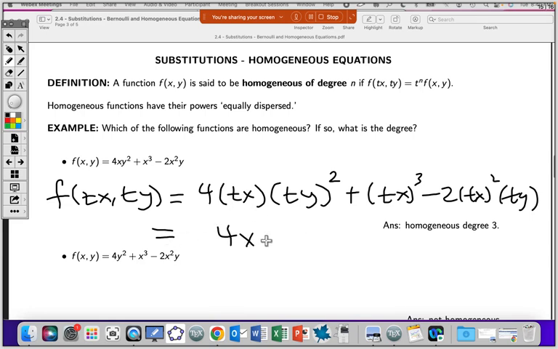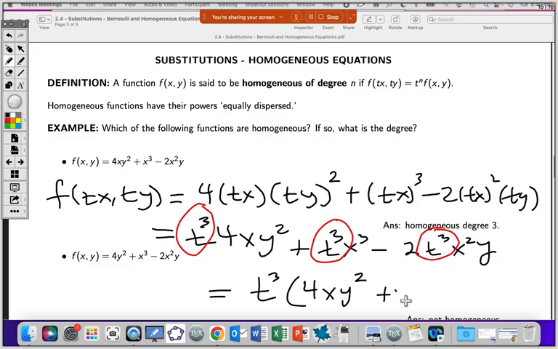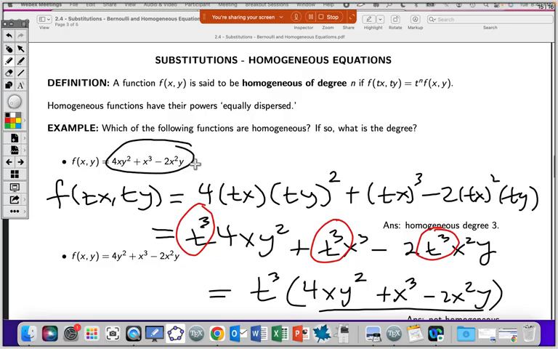I'm going to get my 4xy squared, and I'm going to get a factor of t here and two factors of t there. That's going to give me a t cubed. This is going to give me a t cubed x cubed minus 2 t cubed x squared y. And now I notice that each of these terms has a t cubed in it. So I could factor that t cubed out and get 4xy squared plus x cubed minus 2x squared y. And sure enough, this is exactly my f of xy.